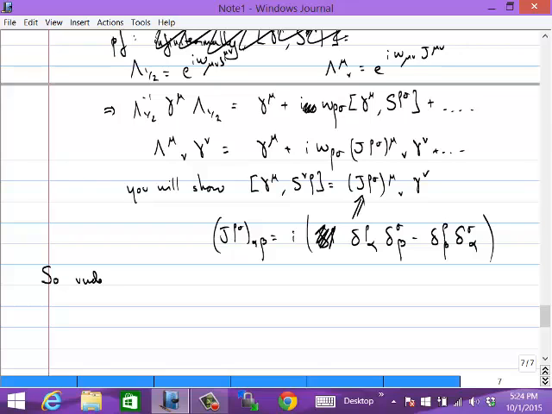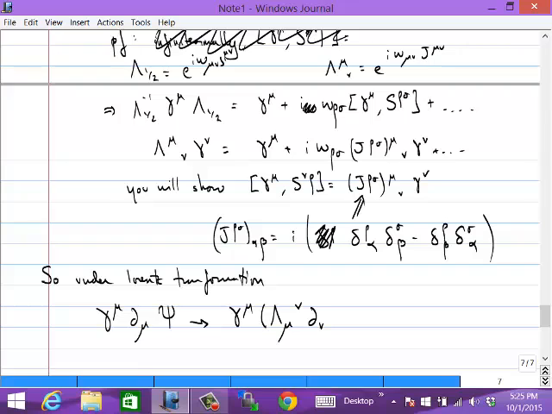So under a Lorentz transformation, how does the Dirac equation transform? Well, gamma mu d mu of psi, how does that transform? Well, d mu transforms like a vector under a Lorentz transformation.